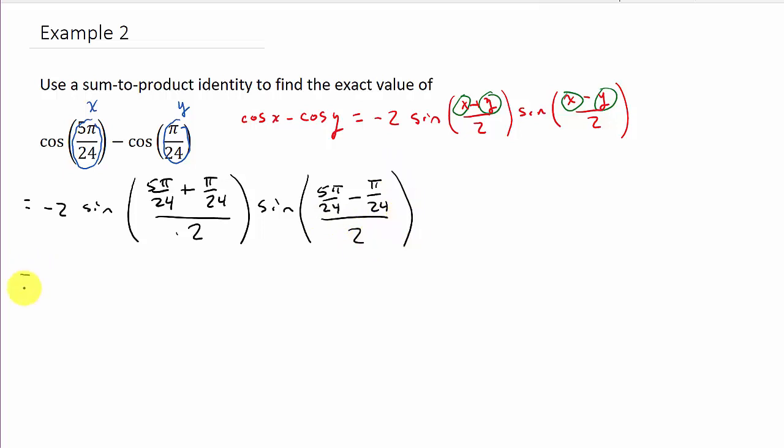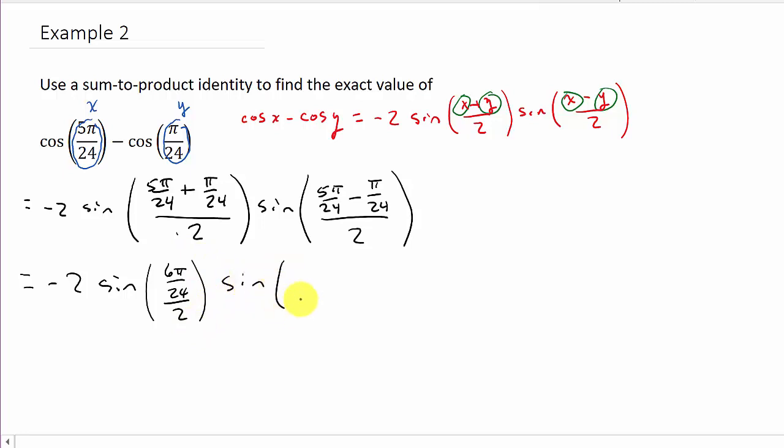So now we've got negative 2 sine of 6 pi over 24 over 2, and sine of 4 pi over 24 over 2.